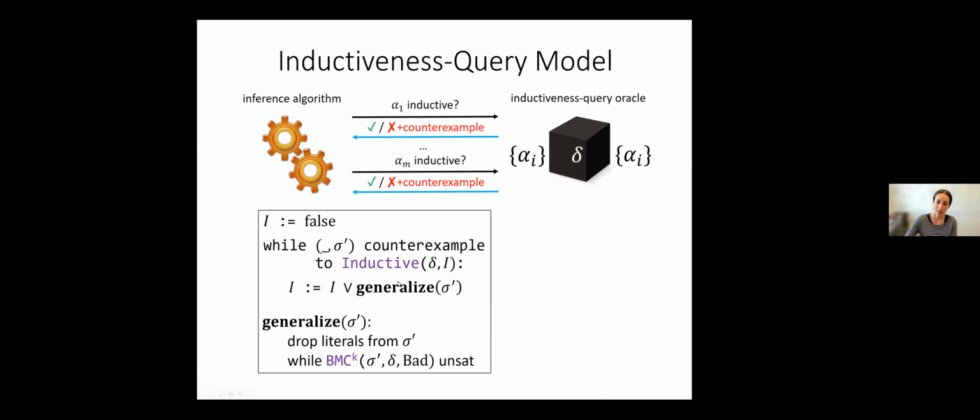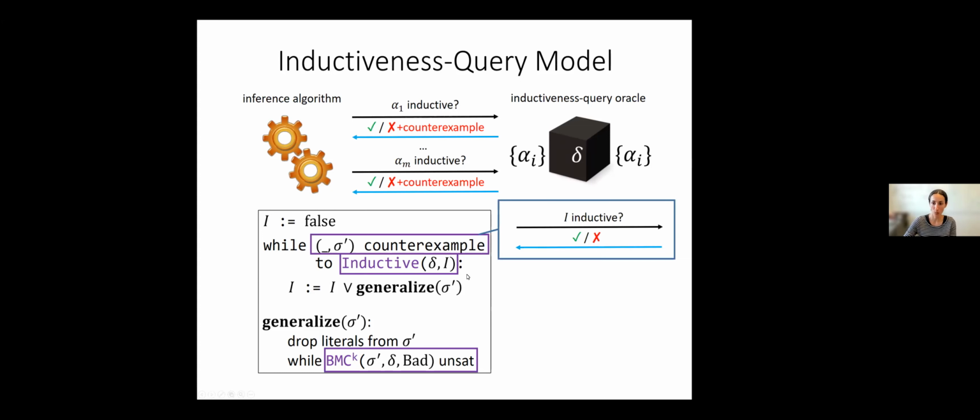If we look at the queries that we make to the SAT solver, the first one is clearly an inductiveness check, which we can model in our inductiveness query model. But the second one, the bounded model checking query, doesn't look like an inductiveness check, right?